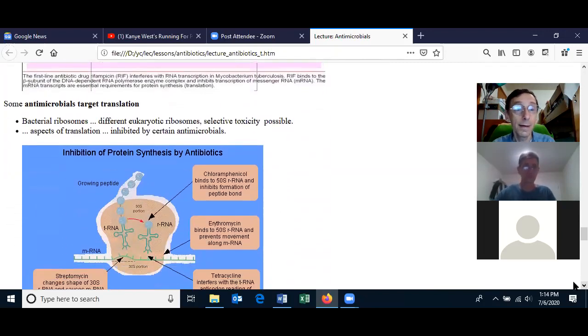A big area of antibiotics is where the antibiotic stops protein translation. And as you recall, protein translation of prokaryotes and eukaryotes is a little different. The most obvious difference is that the ribosome is different.